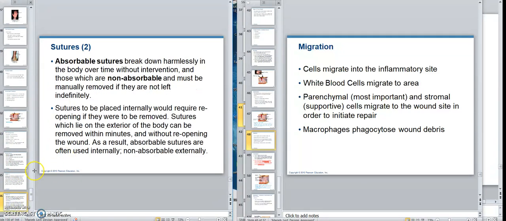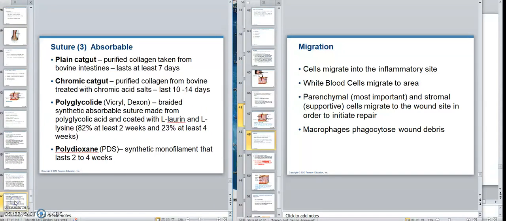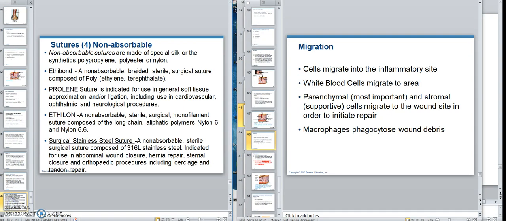Here we talk more about the sutures and the types of sutures, something to glance at. But again, I'm not going to test you on this. It's to show how we close things in surgery. If we're closing bone, we use steel because bone will never heal back to where we could let the sutures break.